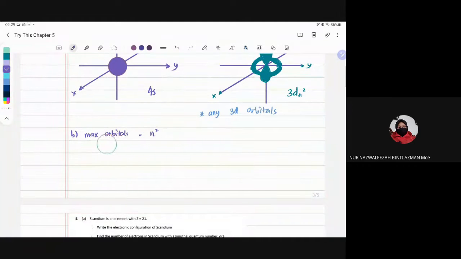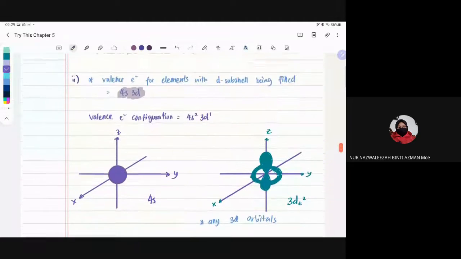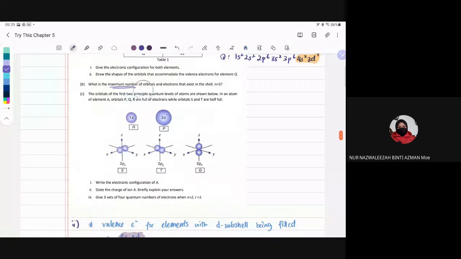So, kalau N equals to 3, dia ada 3 square iaitu 9 orbitals. Manakala dia punya max electron pula sama dengan 2N square iaitu 2, 3 square iaitu 18 electrons. That will be the maximum number of orbitals and electrons yang exist dekat shell sama dengan 3.